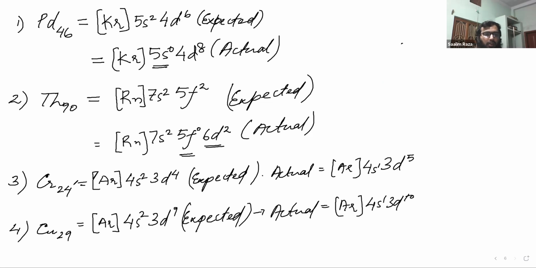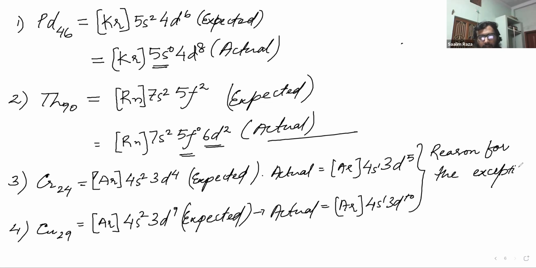So Cr and Cu, these two are important. The other 18 are also important, but these two are important because the reason for the exception is given in NCERT, and these reasons are also asked.